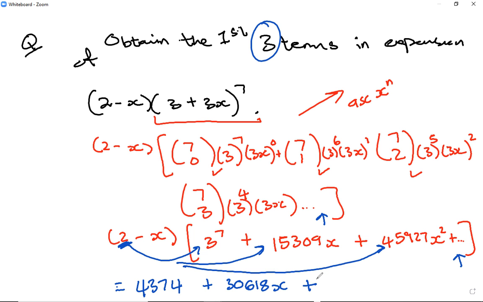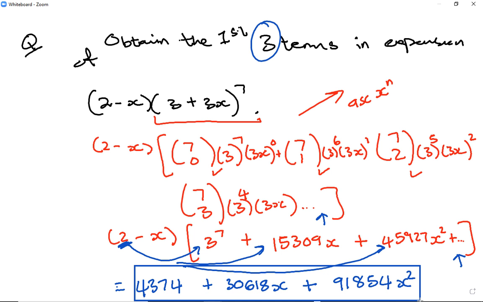And the third term will be 45,927 times 2, which comes to 91,854. 91,854 x to the power of 2. And that's going to be that here. So that's going to be my final answer, the first 3 terms, and I've got it all done. Okay, that's the basic idea there.